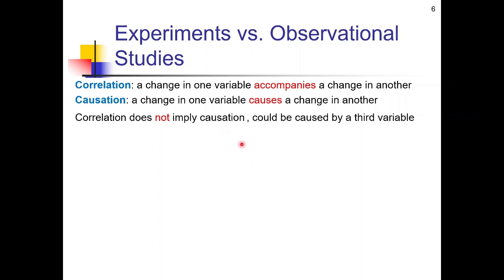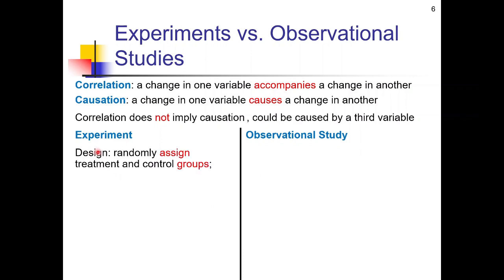So to tease out this difference, we have to dig a little deeper into the relationship between experiments and observational studies. With an experiment, just to review, the way we design one is that we randomly assign our treatment and control groups, we apply the treatment, and we record the results.